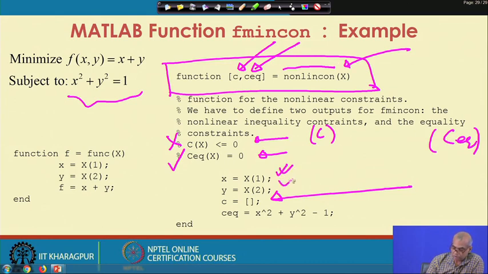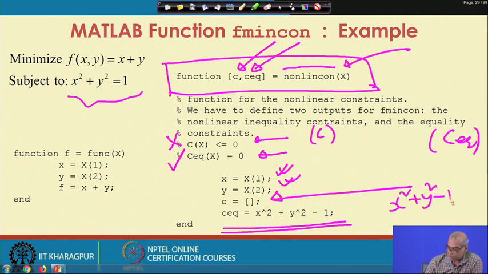Those things are defined and the nonlinear equality constraint x square plus y square equal to 1 has to be written as x square plus y square minus 1 equal to 0, because if you remember the first slides, it was written as C eq equal to 0.